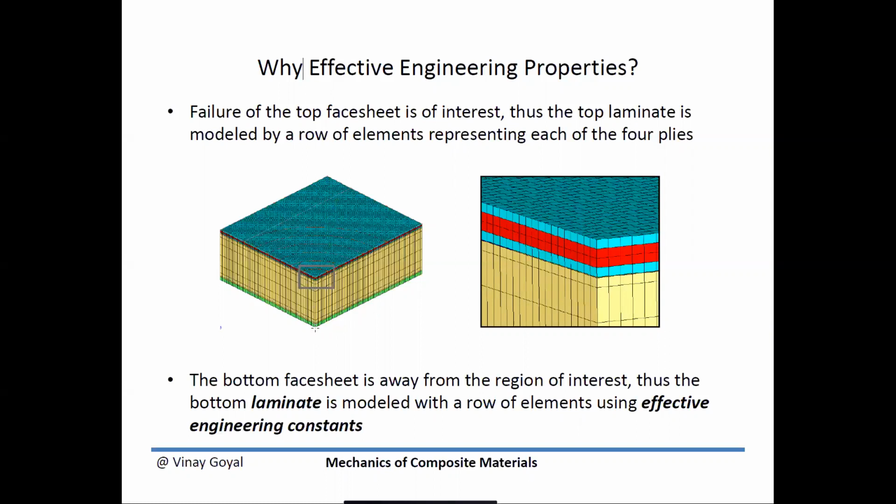So you could represent the top face sheet with great detail, but in the areas away from the region of interest, the bottom could be modeled as a row of elements using effective engineering constants. In other words, effective engineering properties can be used to simplify a finite element model. That is one way this could be used.